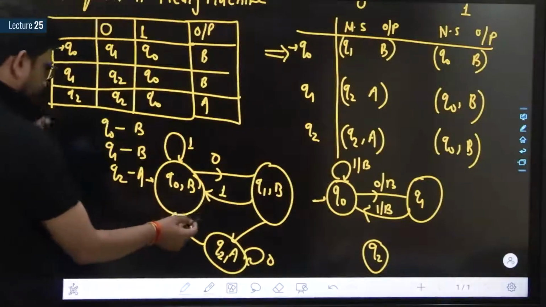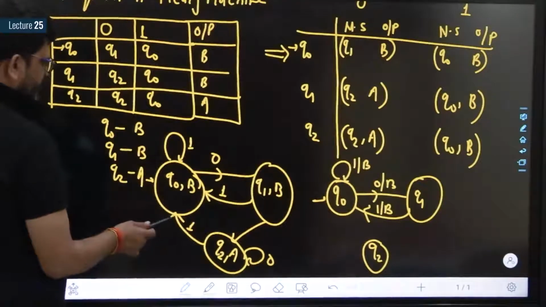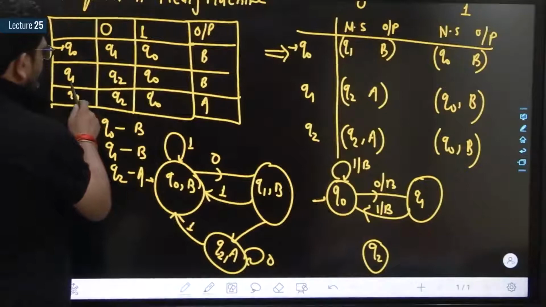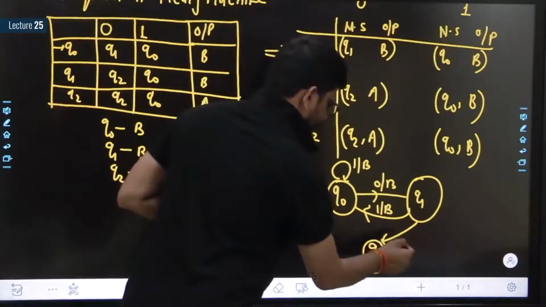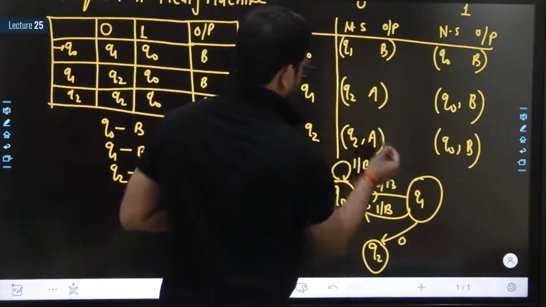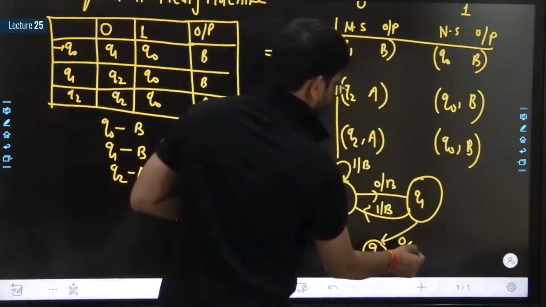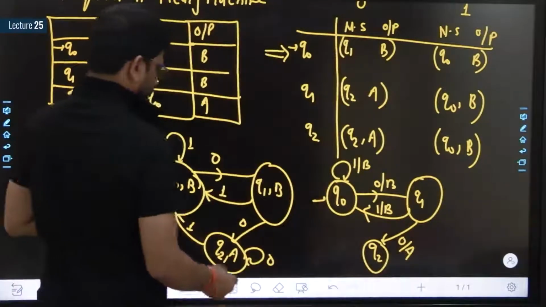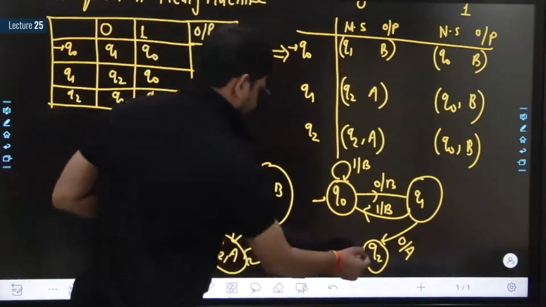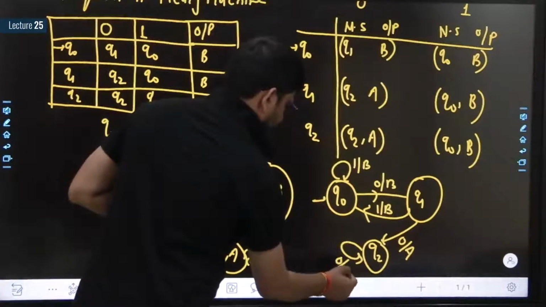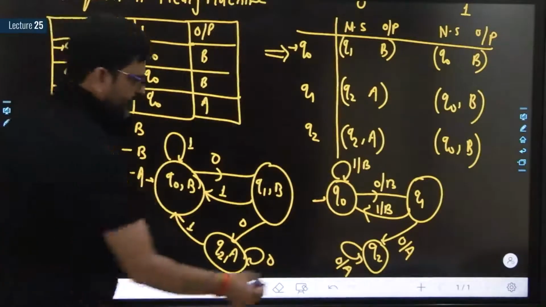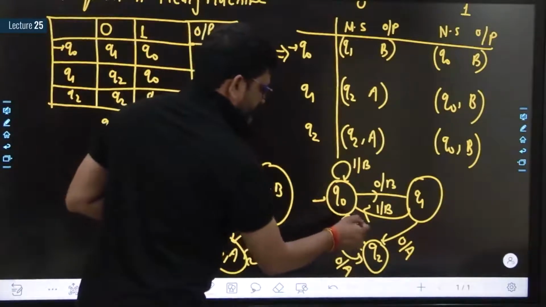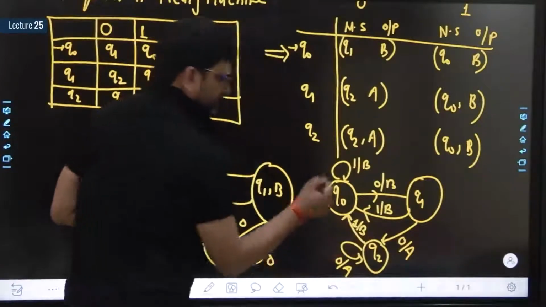Q1 on 0, output is A, 0 A, 1 B. This is the equivalent Mealy machine.